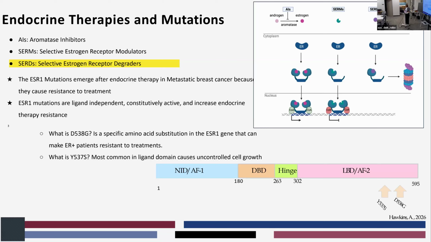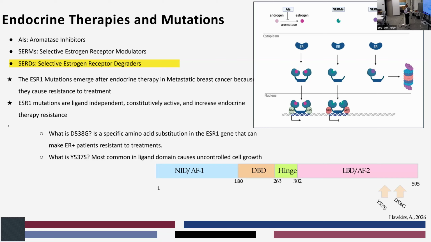And then Y537S is most common in the ligand domain, and it also causes uncontrolled cell growth. This is the same concept as our D538Gs, except it's just a different amino acid. Tyrosine is swapped for serine, and it acts like a switch that gets permanently stuck, making the estrogen receptor active without needing actual estrogen. It can allow cancer cells to grow and multiply even when the estrogen is low.